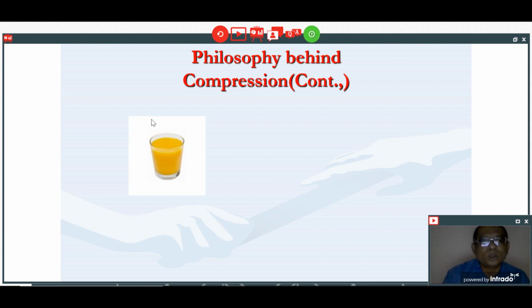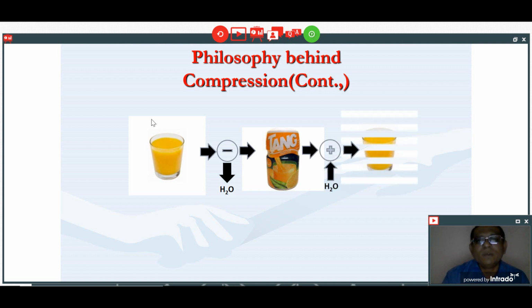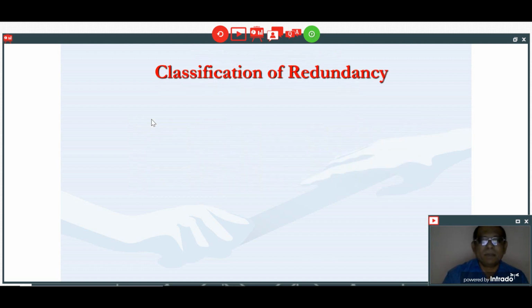This is one way to minimize the size of the orange. The other way is to subtract the water content from this juice in order to convert it into a powder. This is what is done on the encoder side. At the decoder side, we will take the powder, and whatever is removed here, the same thing will be added here in order to get the orange back. Whatever we are doing in day-to-day life somewhat resembles the phenomenon of compression.